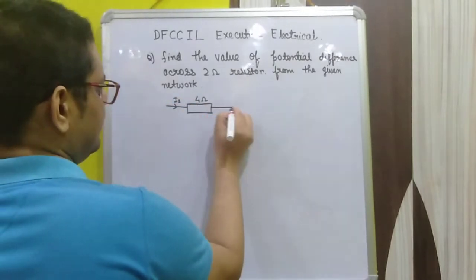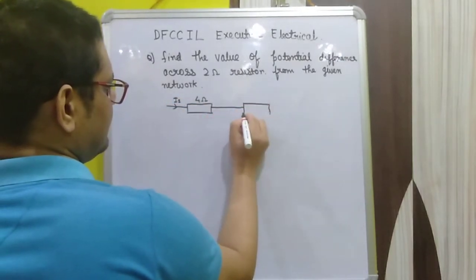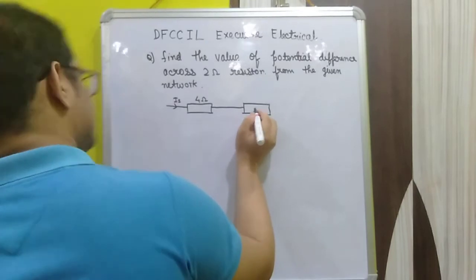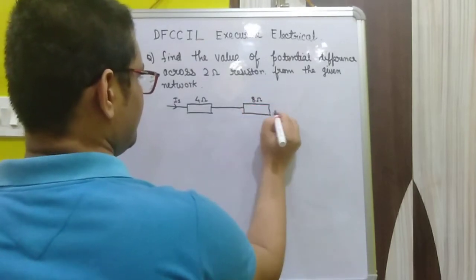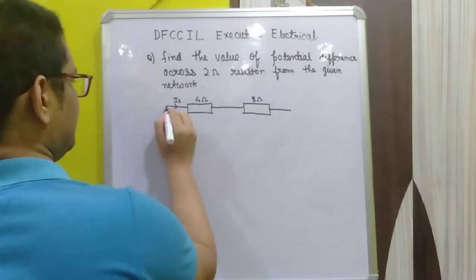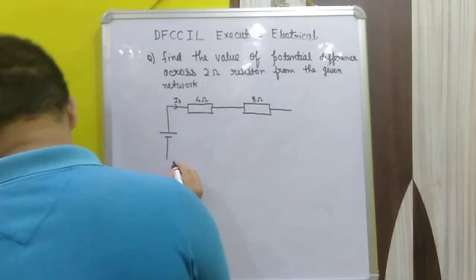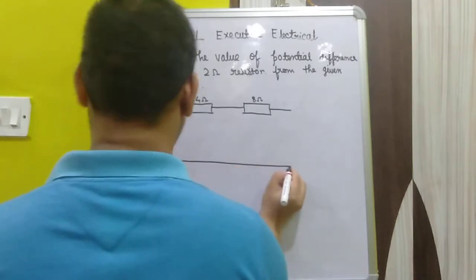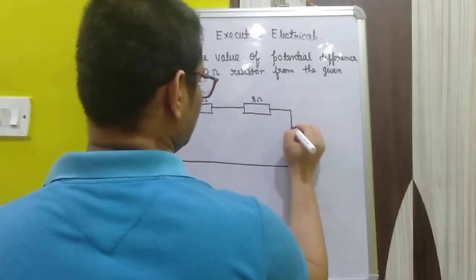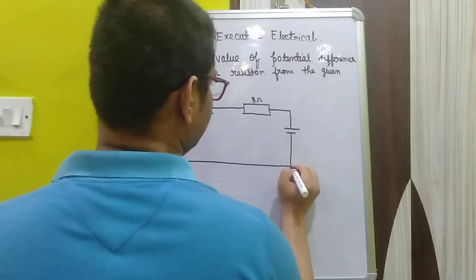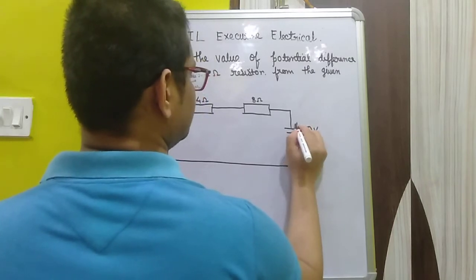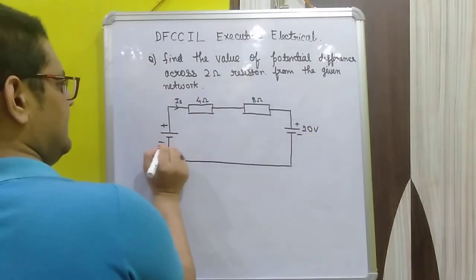There is another resistance whose value is 8 ohm. And now here is the voltage source, with positive and negative terminals, and here is another voltage source, 20 volt, with positive and negative terminals.